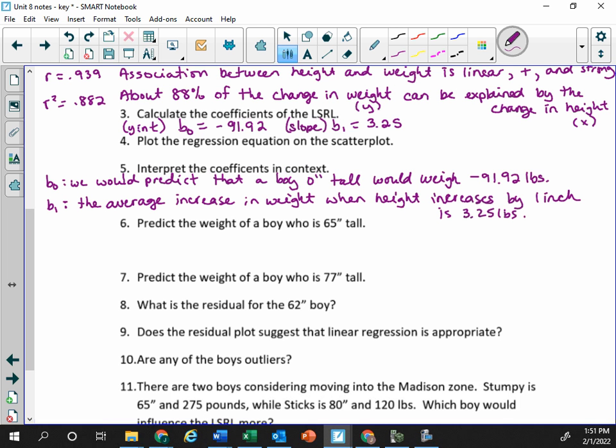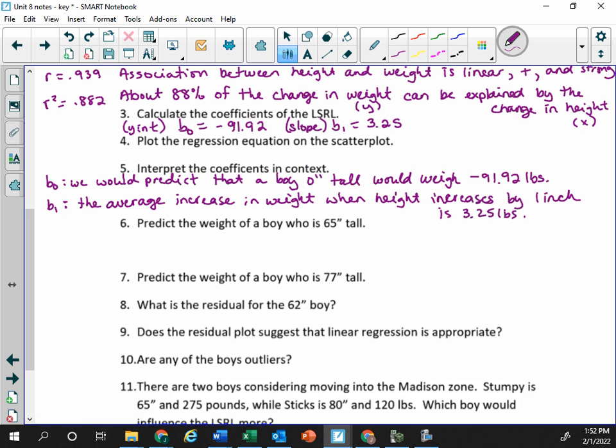It's change in y over change in x. Anytime you're interpreting slope, that change in x is always going to be a 1. Okay, so here we were talking about height increasing by 1. Whatever the context is, x will be 1. Okay.